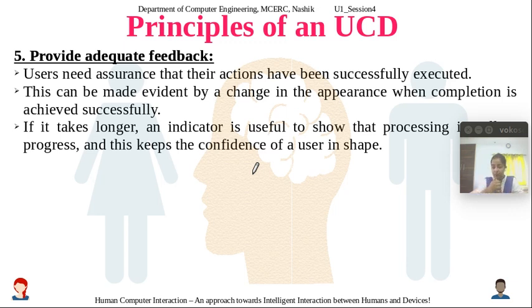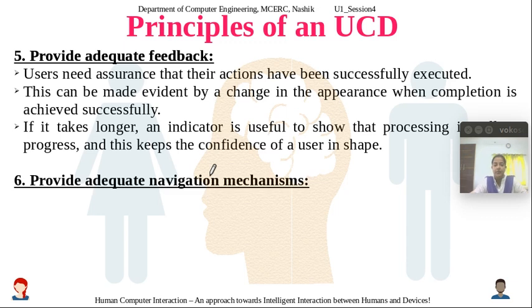You can see that flow right now. Then whenever you select your card, it will move further. It will ask you whether the card information is correct or not, and then you will proceed for the payment. So this is providing adequate feedback to your user, right?